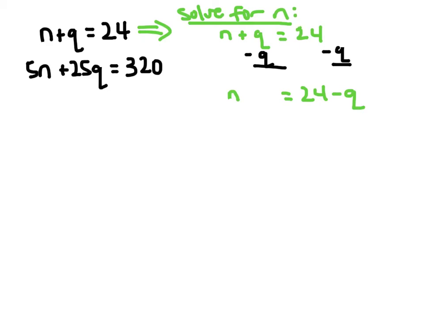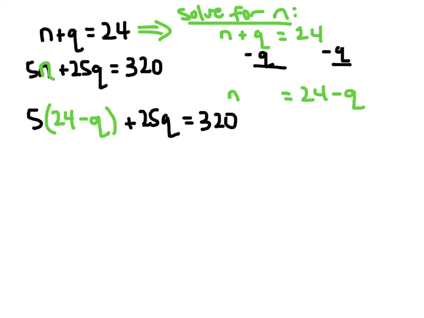From there, I'm going to substitute this equation into the second equation for n. So that will leave me with 5, instead of n, 5 times 24 minus q, plus 25q equals 320.